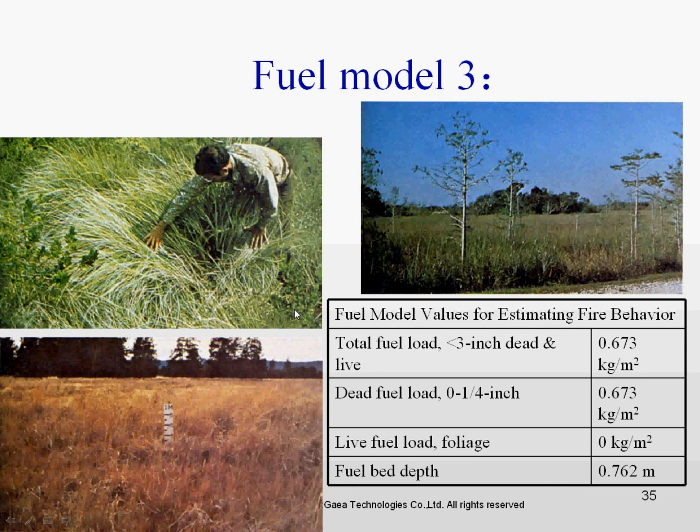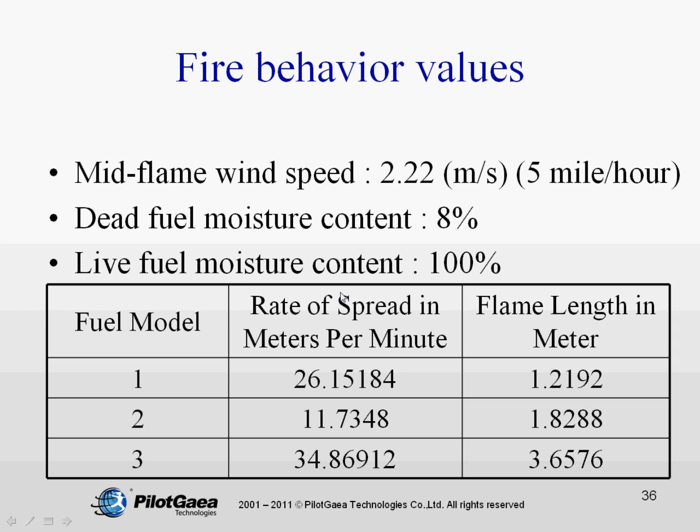In different kinds of plants or fuels, we do some tests in the same system environment. The setting of the environment is a mid-flame wind speed of 5 miles per hour and the dead fuel moisture content and live fuel moisture content.